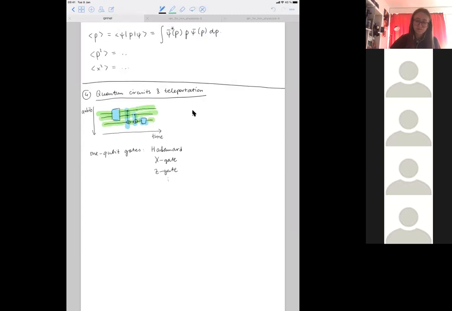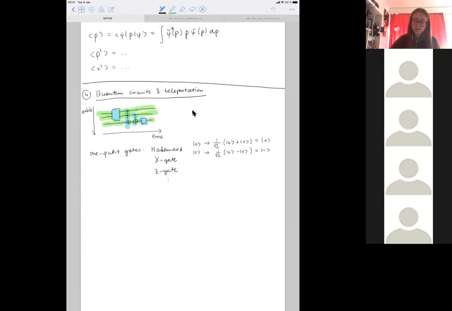For example, if the qubit is in a 0 state, then the Hadamard puts it in a superposition of 0 and 1 states: 1 over square root of 2, 0 plus 1. And if it's in the 1 state, then it puts it in the superposition of 0 and 1, but with some phase on 1. This state is called plus, and this state is called minus.